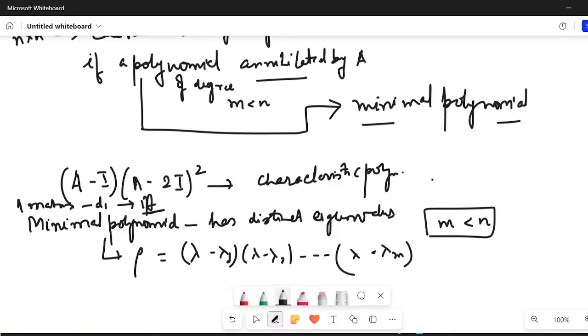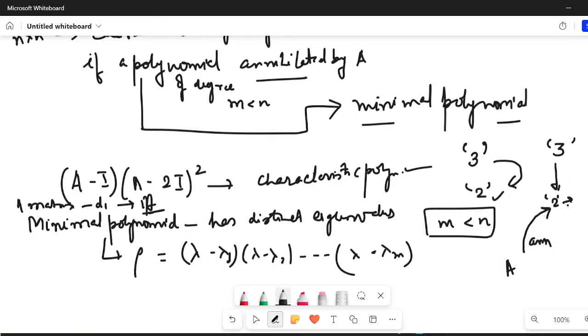What I am trying to convey to you, let's say this is your characteristic polynomial, this is cubic. If I want to find a quadratic polynomial which annihilates A, then that will be the minimal polynomial. See, the characteristic equation degree is 3. If I find a polynomial of degree 2 which annihilates my matrix A, then this particular polynomial would be called your minimal polynomial, right?